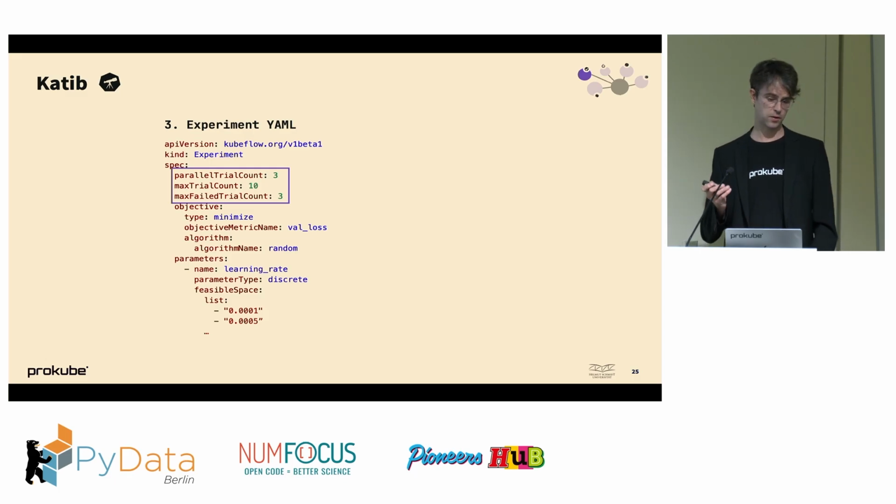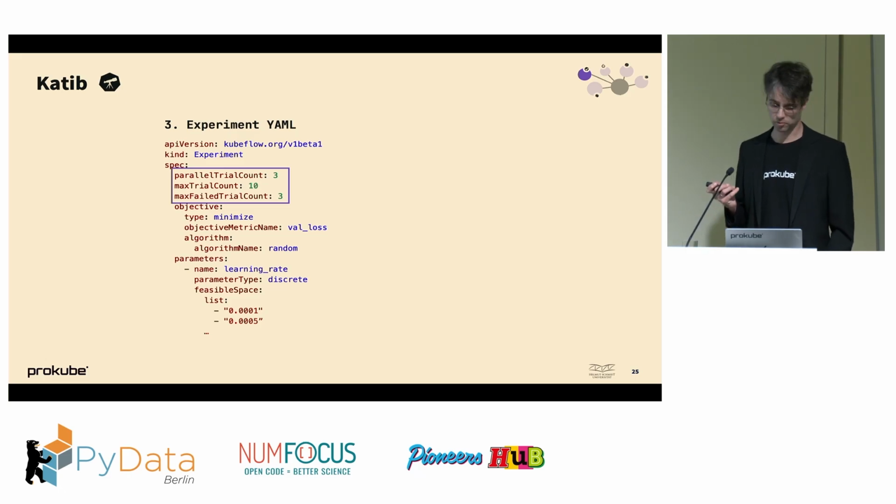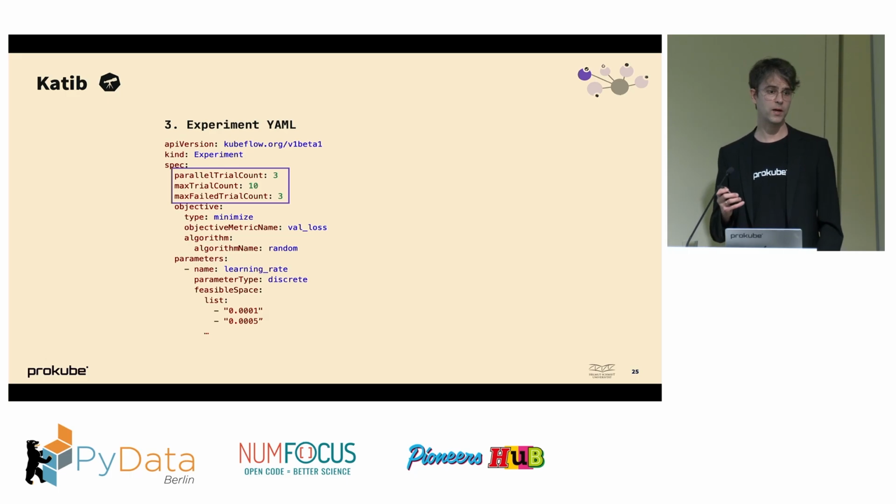And then the more interesting stuff comes afterwards, the specification. And here we say we want to run a maximum of 10 trials, 3 of them at maximum in parallel, and if 3 of them fail, then we want to abort because then probably something went wrong. And obviously this is only an example, and if you need to run 10,000 experiments, that's also fine. You can just put 10,000 in there and it just works.